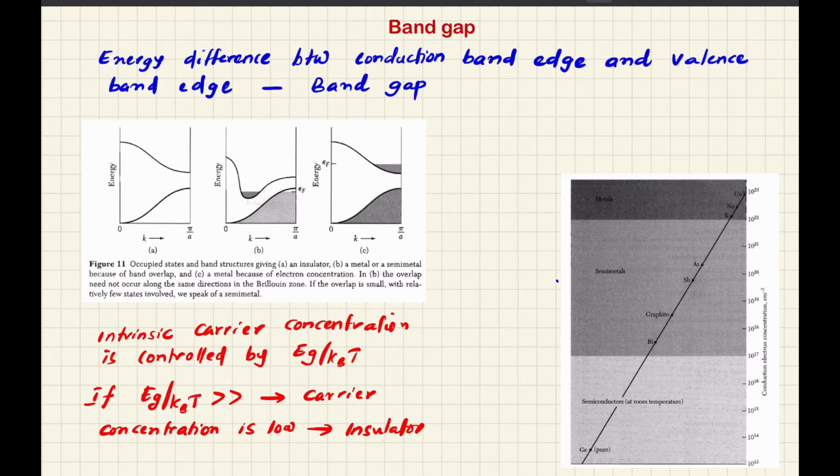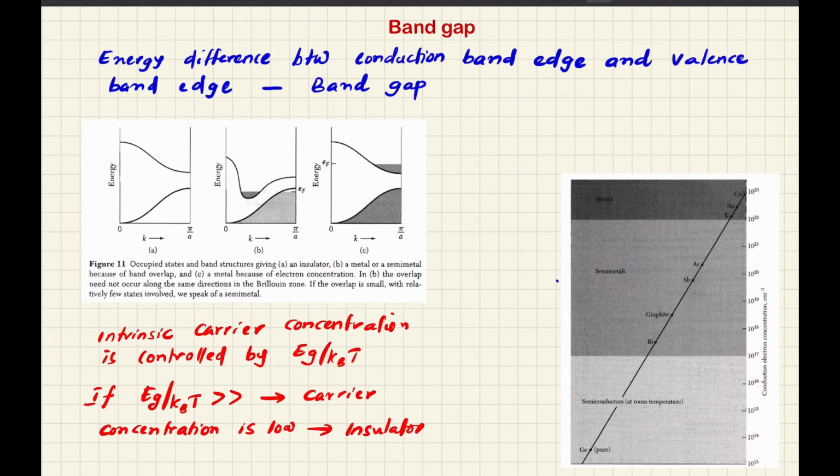You can see for metals the carrier concentration is very large, of the order of 10 raised to 23, and for semi metals it ranges from 10 raised to 22 to 10 raised to 17, and for a semiconductor like germanium, silicon, etc., it varies from 10 raised to 17 to 10 raised to 13. So this is basically the difference between semiconductors and semi metals. We can talk in terms of the carrier concentration. Carrier concentration for semi metals is a bit larger than the carrier concentration for a semiconductor.